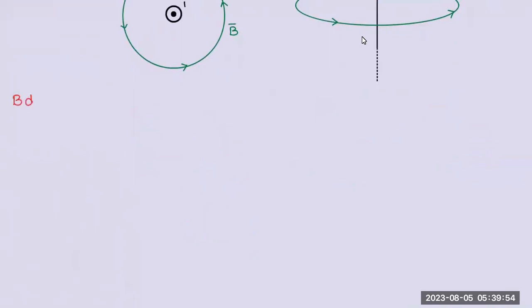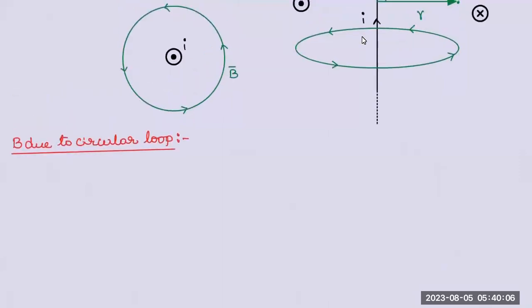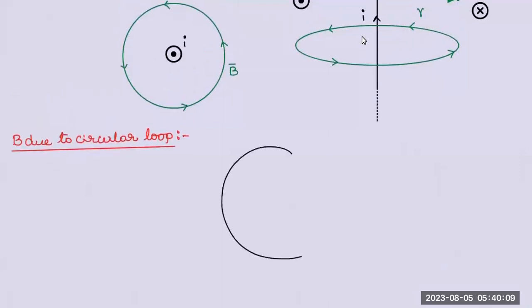B due to circular loop. In this also, I won't do derivation. You can derive everything. Circular loop. What is that? Suppose you have a current carrying loop which is in a circle form like this. Current is going I like this.